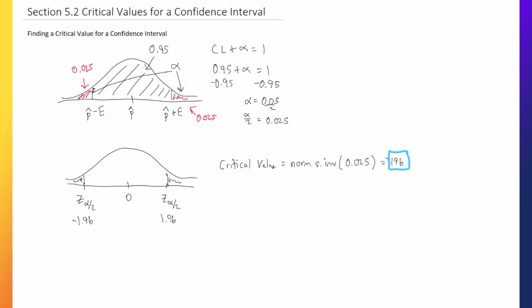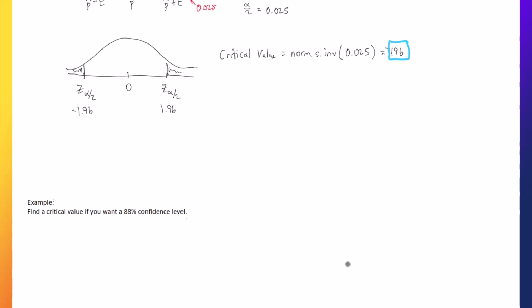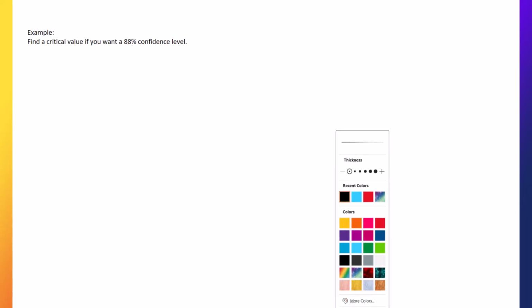So I'm going to swing down here to an example. We're going to try to find a critical value if we have a confidence level of 88%. So again, to draw the picture, somewhere in the middle, this is 0.88, which means my tail area is 1 minus 0.88, so that's 0.12, and that's actually alpha.